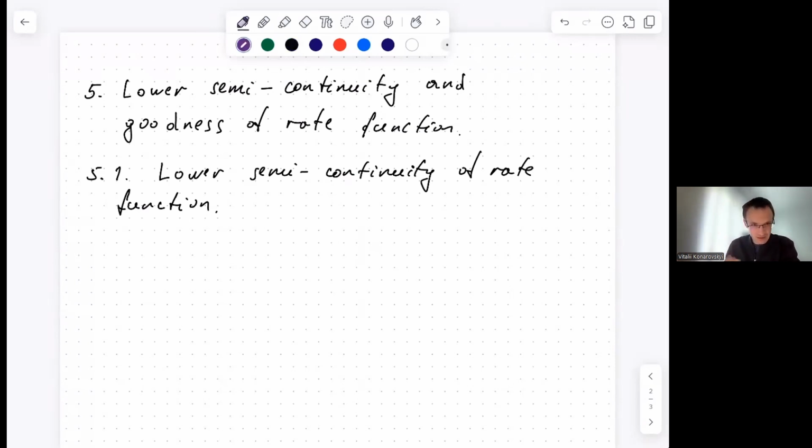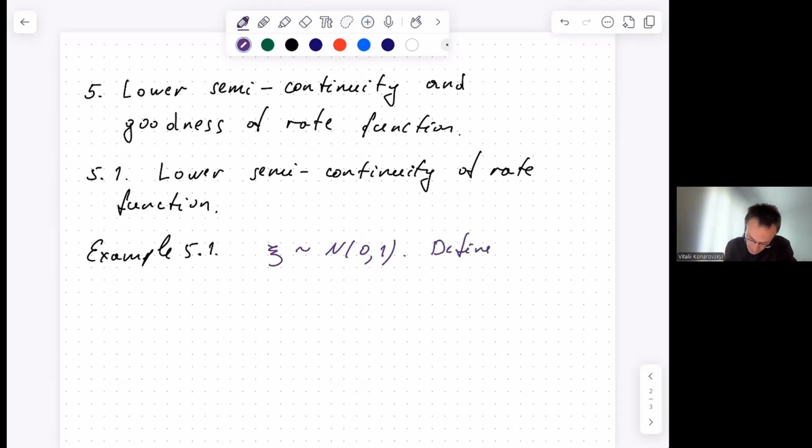Then I want to start from the following example, 5.1. Let's take a random variable xi that has a normal distribution with mean 0 and variance 1, and define the family of random variables psi epsilon that is square root epsilon xi.